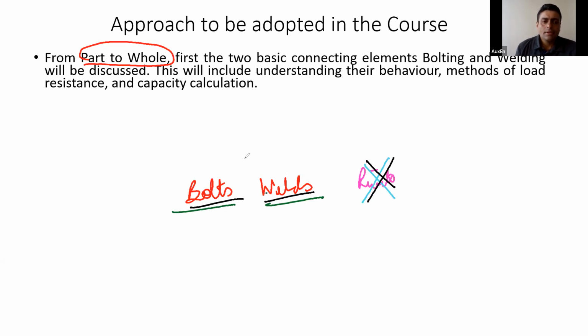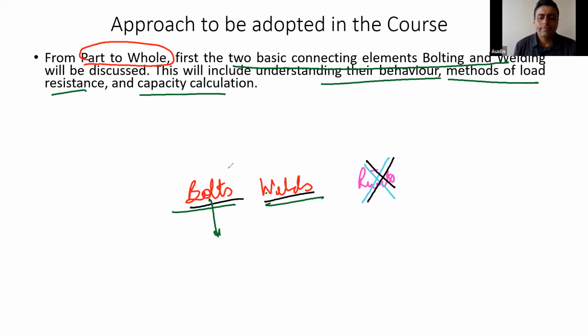So the approach would be to first understand these two basic connecting elements, and the understanding will include their behavior, the methods of load resistance and the capacity calculation. For a bolt, what are the types of bolts used, what is the capacity of a bolt in shear, what is the capacity of a bolt in tension, you will understand the workings of bolts, right?